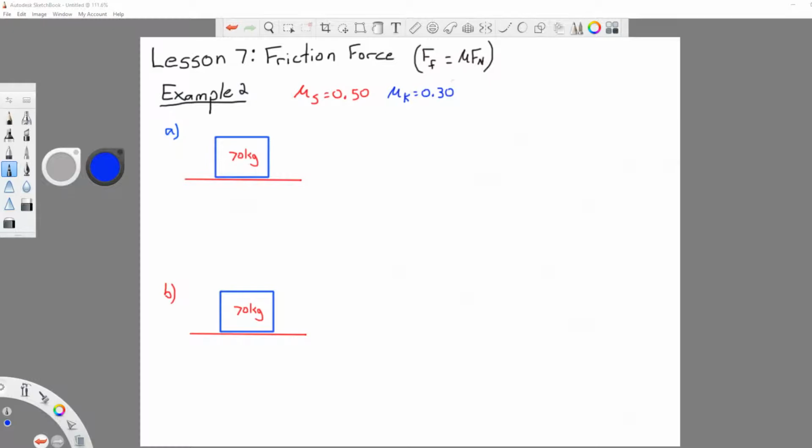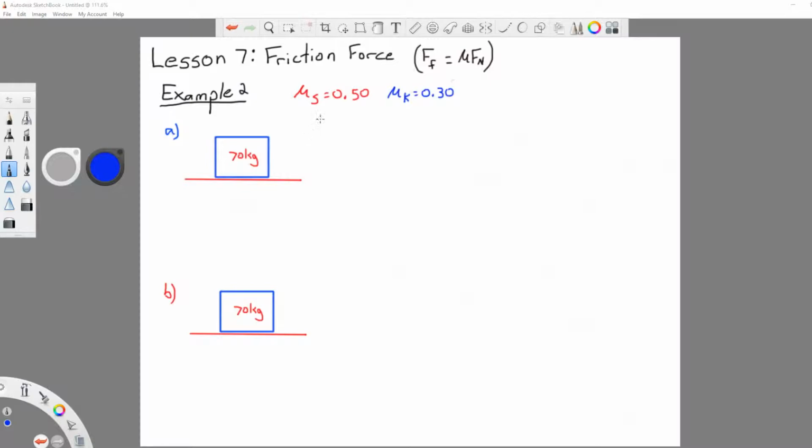Alright, so that said, let us jump into this problem. This problem says that a 70 kilogram oak desk, which I've sketched out as a couple blocks here because there's parts A and B, is at rest on a level oak floor. Okay, so we have a desk on a wooden floor.